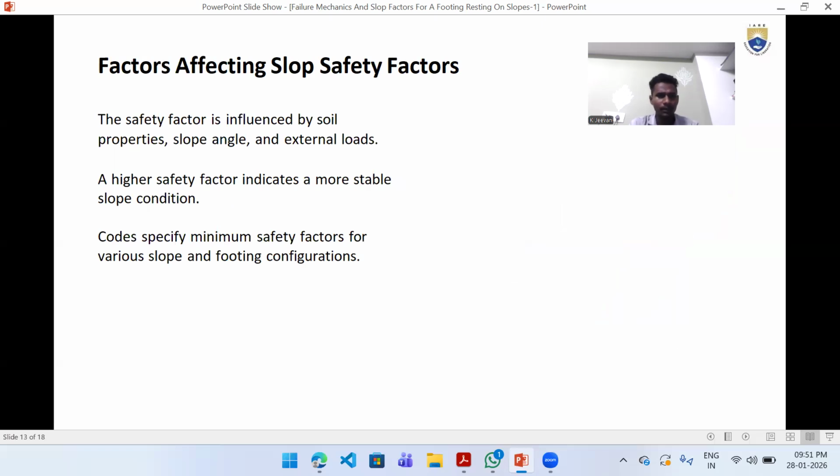A higher safety factor indicates more stable slope conditions. Codes specify minimum safety factors for various slope and footing configurations.